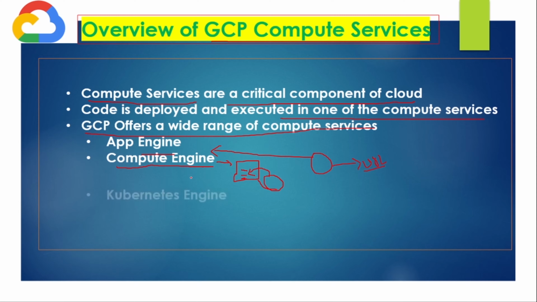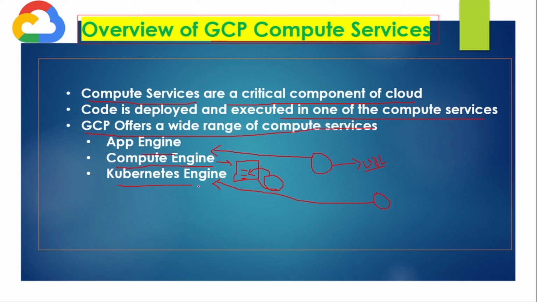The next thing is Kubernetes Engine. This is an orchestration platform and it uses containers. You package your code in a container and bring it to Kubernetes Engine, and you deploy your code here. Kubernetes Engine is responsible for maintaining your code.